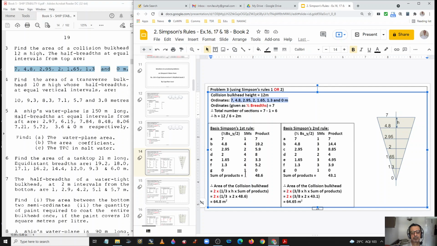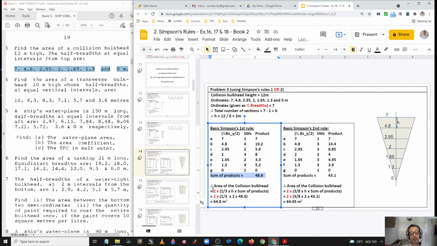Therefore, sum of the products, we add up all these, 48.6, and we get the area of the collision bulkhead is equal to 2 times 1 upon 3 into h into sum of the products. Once again, we are going to double it up or multiply by 2 because we have got semi-ordinates.